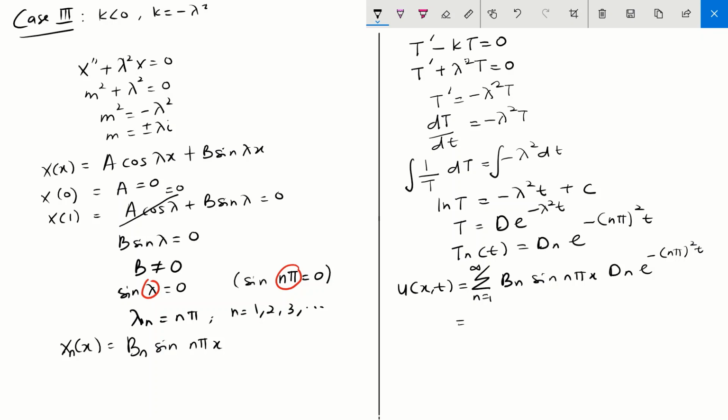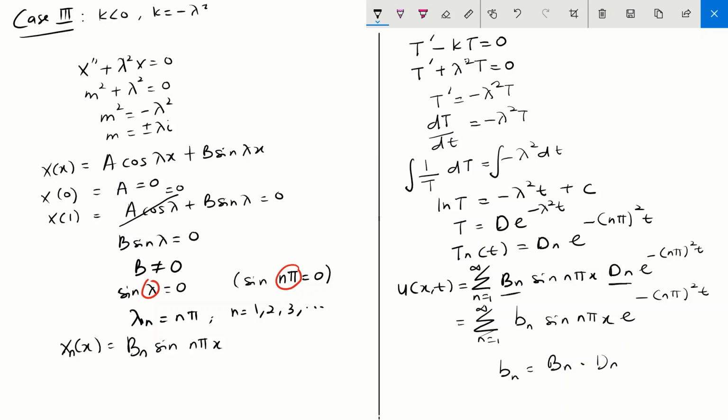Here we see that there are two unknowns, B_n and D_n. How can we reduce the unknowns? B_n is just a constant, D_n is also a constant, therefore a multiplication of two constants equals another constant. So you can simply write it as the sum from n equals 1 to infinity of B_n sin n pi x e to the power minus n pi squared t, where B_n equals B_n times D_n. Now we have the solution of u(x,t).